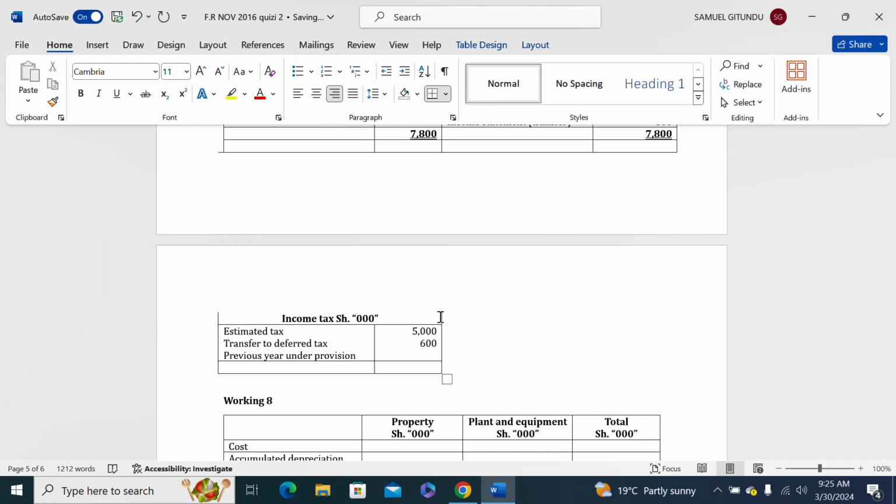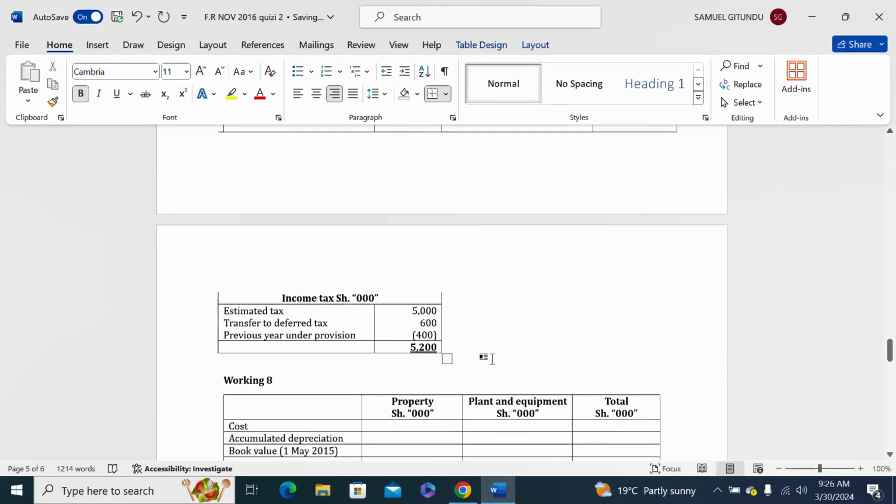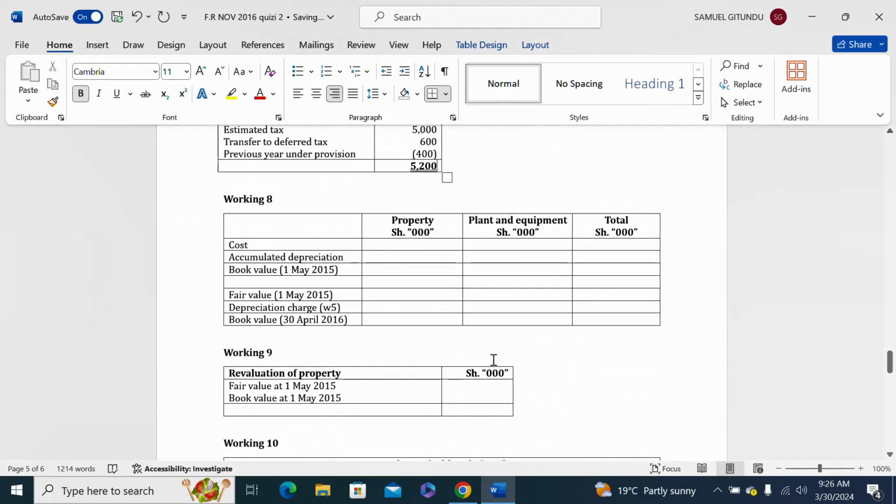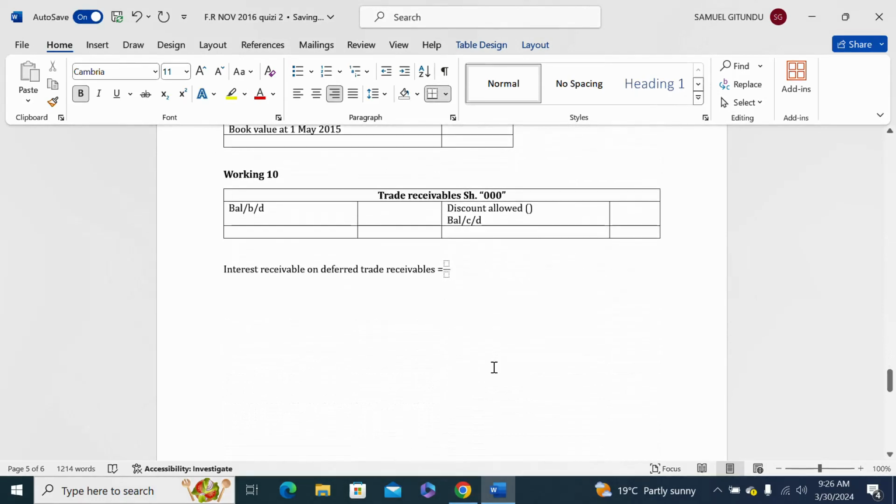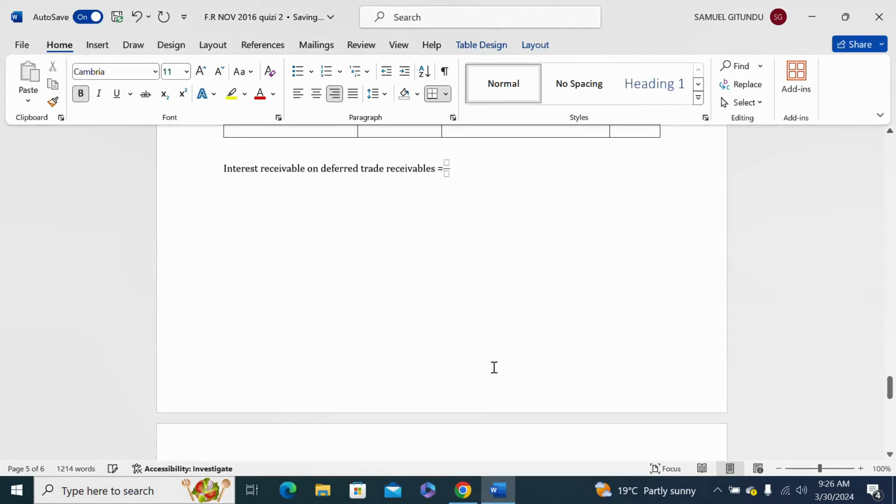And then the previous year provision we deducted is 400,000. If we do this, we are getting 5,200,000 as our tax expense.